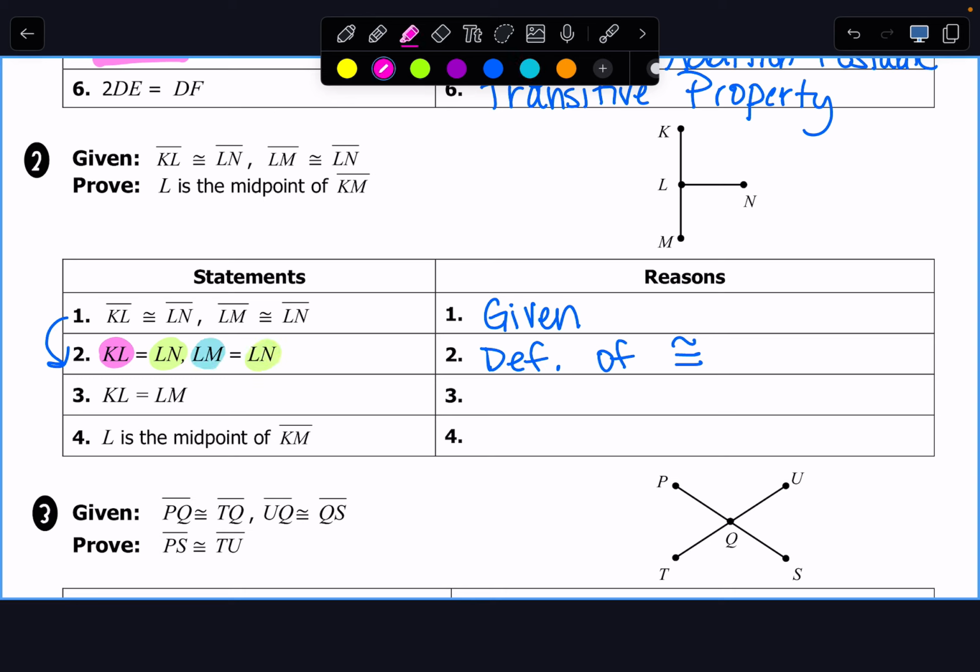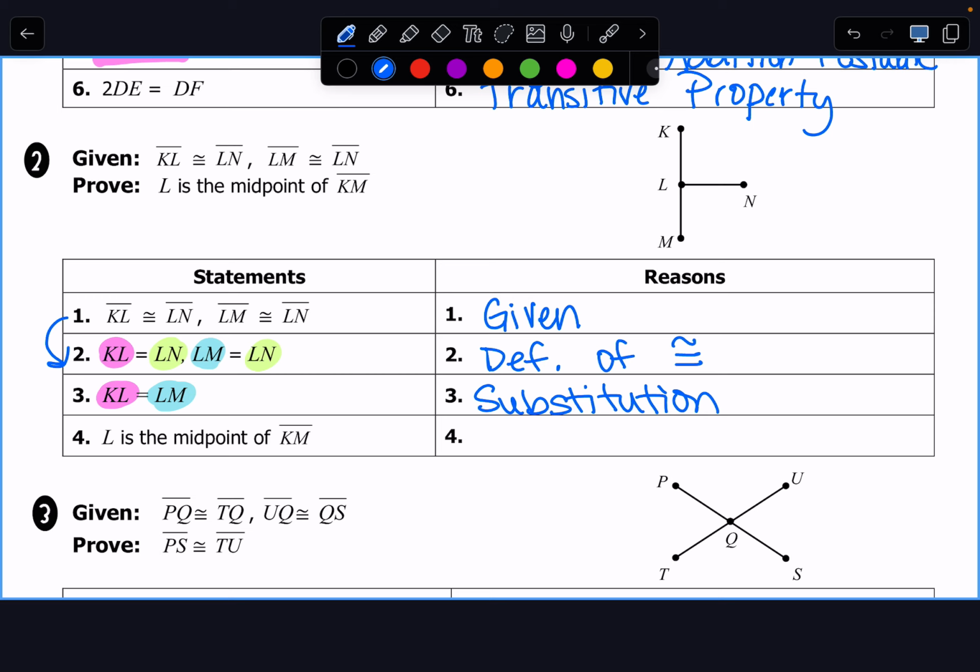So if I go to KL is equal to LM, what property did we use? Is it substitution? Why is it substitution and not the transitive property? Because substitution subs it in.